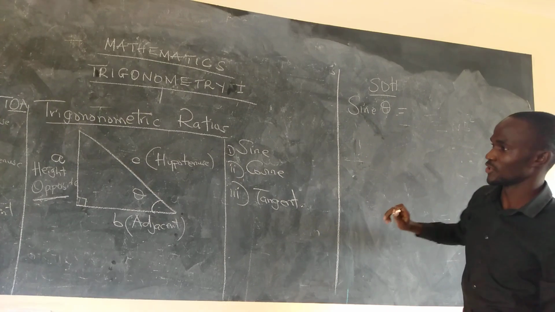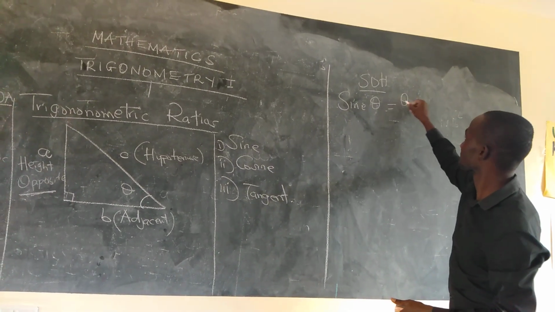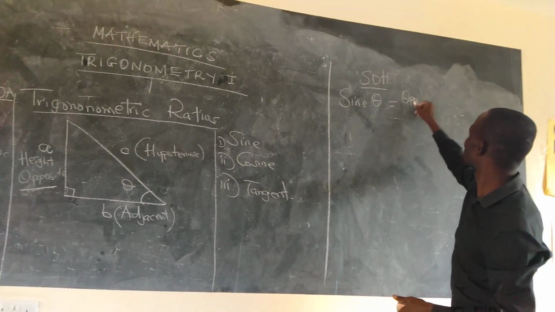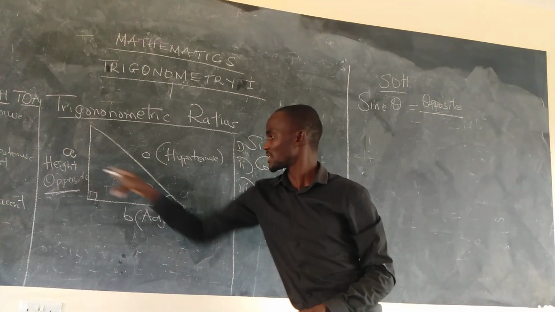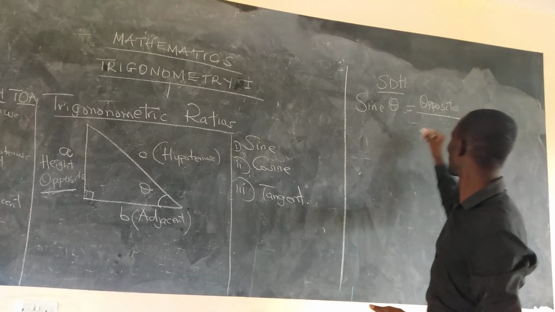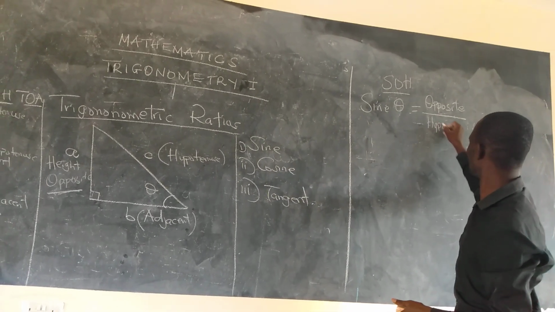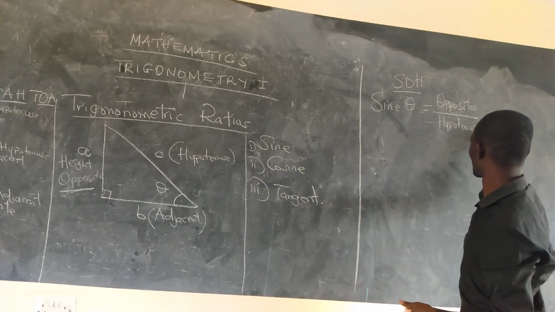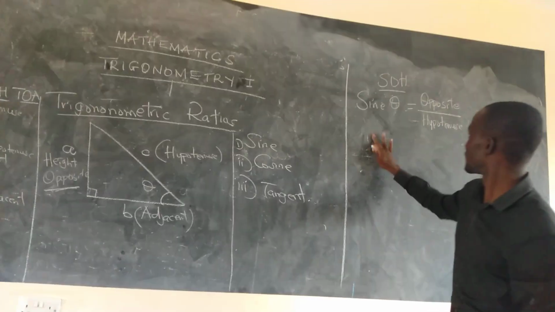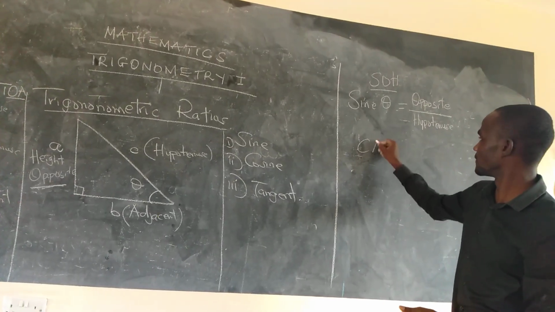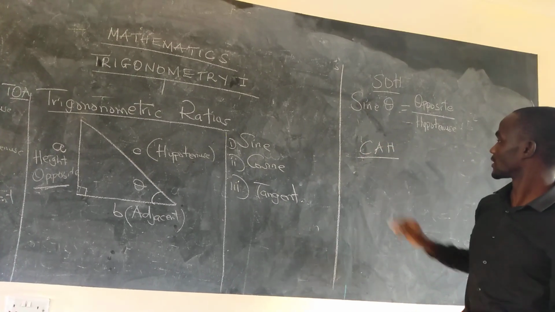Sine theta will be the opposite of this angle, and then over the hypotenuse. Then the trigonometric ratio of cosine.